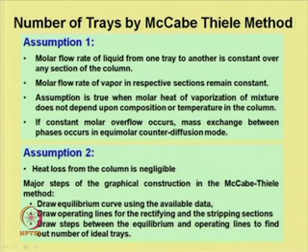Similarly, the molar flow rate of the vapor in any section of the column remains constant. So, both the molar flow rate of the liquid and of the vapor in the respective sections, rectifying or stripping, remain the same. This assumption is true when the molar heat of vaporization of the mixture does not depend upon the composition or temperature in the column.